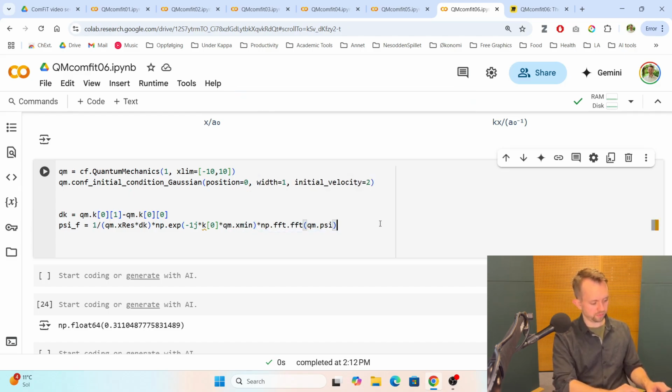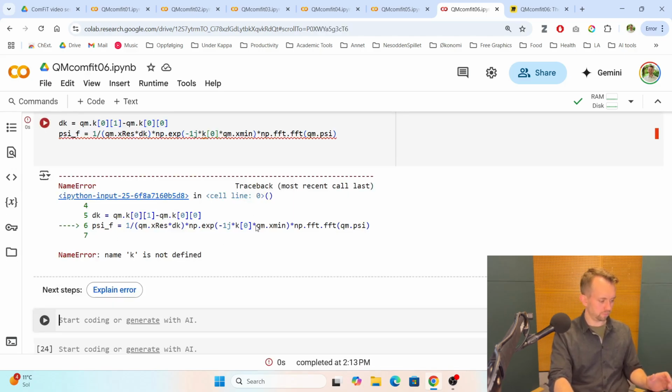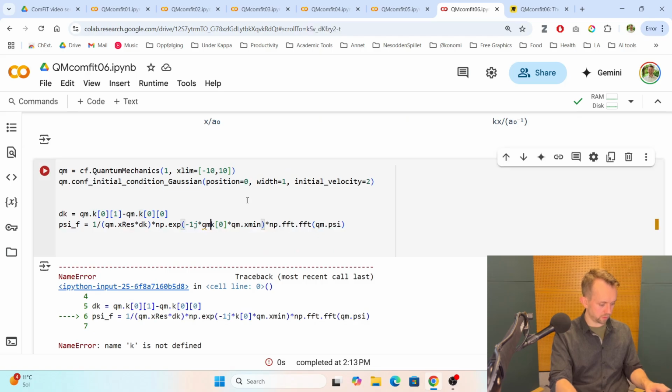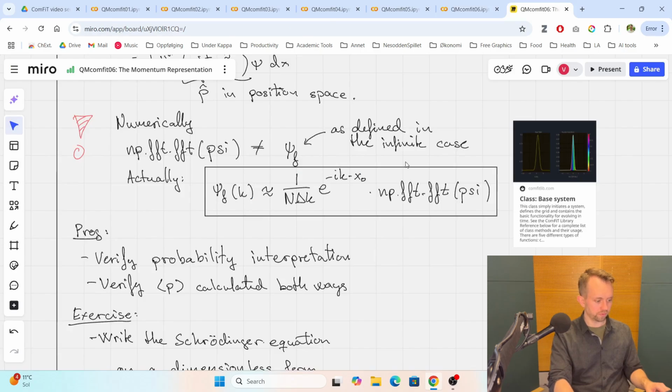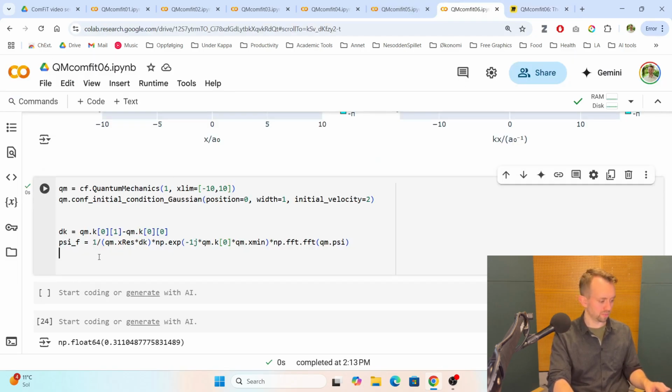I think that's what that's called. So now we have, k is not defined, qm.k. So now we have turned this discrete Fourier transformation function into the thing for which the probability interpretation applies.